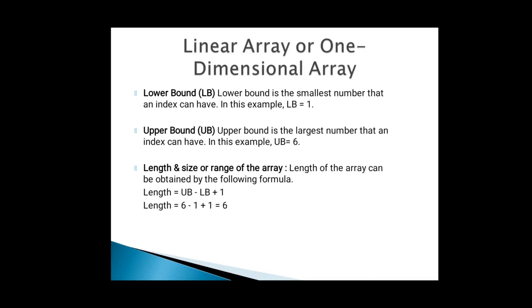The length of an array can be obtained by the following formula. Length is equal to UB minus LB plus 1. In the previous example, 6 is UB and LB is equal to 1. Then length is equal to 6 minus 1 plus 1, which is equal to 6.